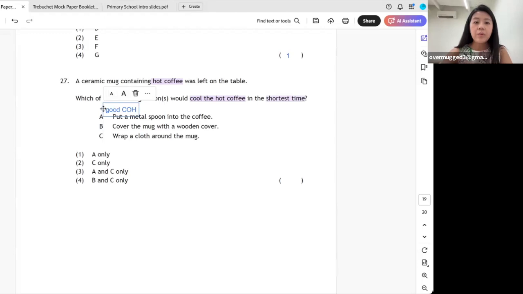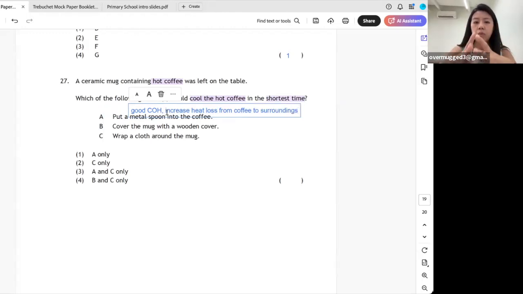What it will do is to help heat loss. Increase heat loss from coffee to surroundings. This coffee would not only lose heat to the surroundings via the mug, but also through the metal spoon.